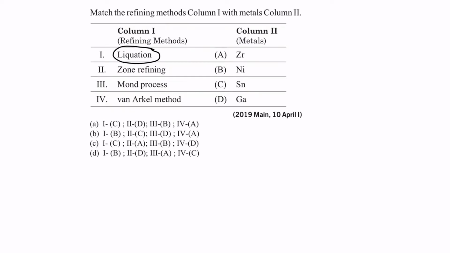Liquidation is basically used for low melting point metals like lead and tin. In that, these metals are made to flow on a sloping surface. We heat these metals with impurities. So if it is tin with impurities present, when we heat it, the molten tin will flow down and get collected in a container here, that is molten tin.